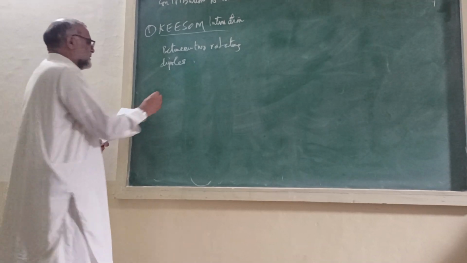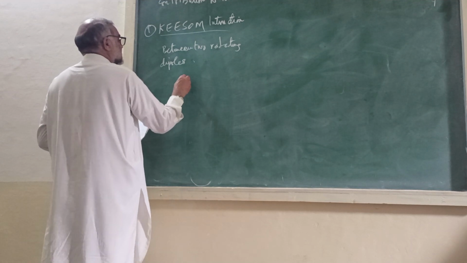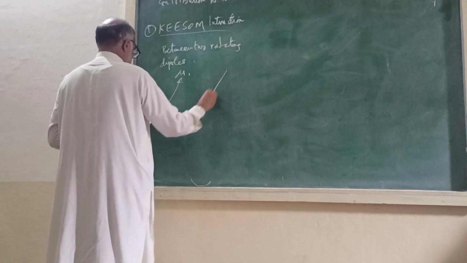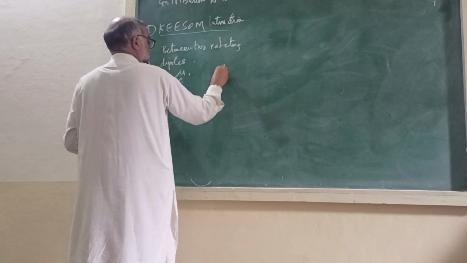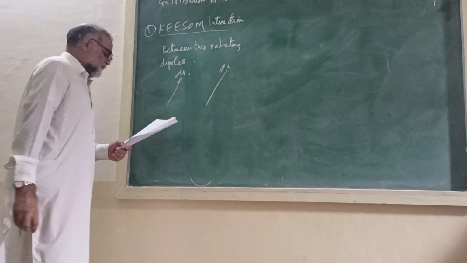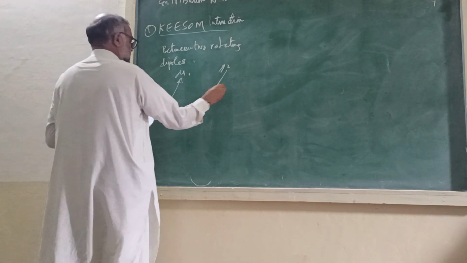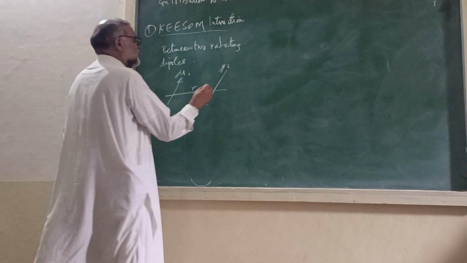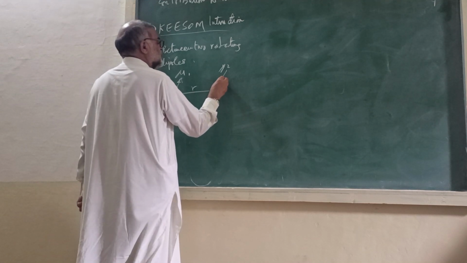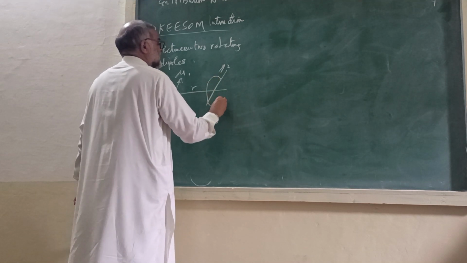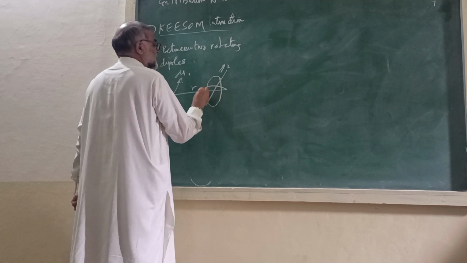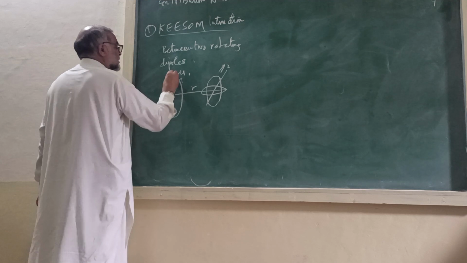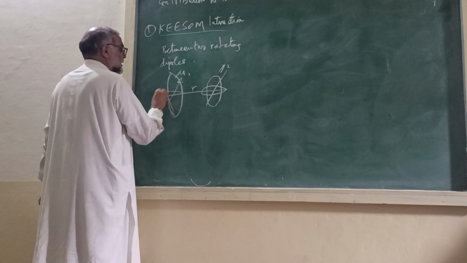For example, this is a dipole with dipole moment mu1, and that is with dipole moment mu2, right? R is the separation between them. This is allowed to rotate like this, as well as like this. Similarly, this is allowed to rotate.